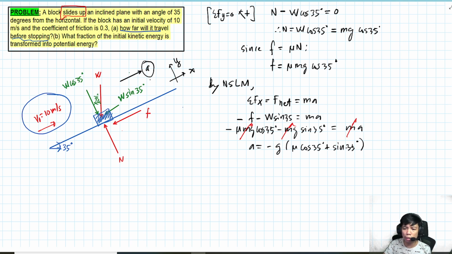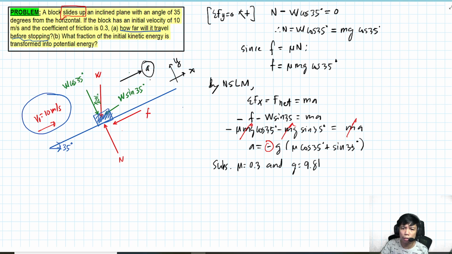So, pwede natin ma-solve na yung acceleration. Obviously, guys, dito yung ating a is negative na. So, syempre, itong nasa side na yan, positive na yan. Kaya we are sure na merong deceleration dito. So, substitute the values of mu, which is 0.3, and then yung ating g, hindi binigay na, so we can use 9.81.